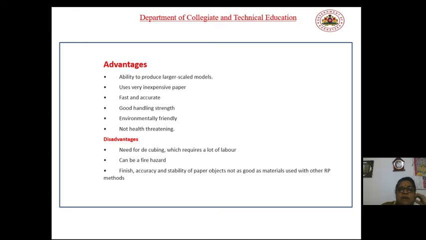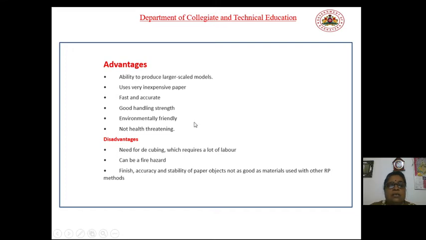It is very fast and accurate, with good handling strength, environmentally friendly, and not health threatening. For the operators, it doesn't have any harmful effects on the personnel who are working on it, and it is also environmentally friendly.